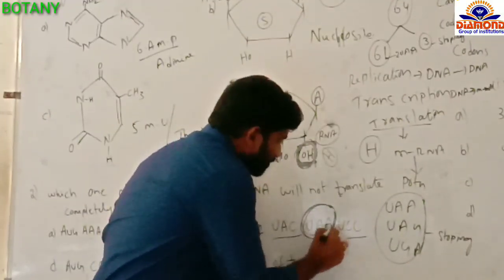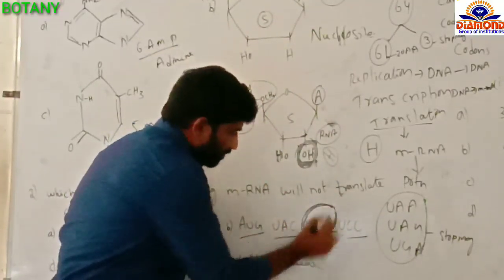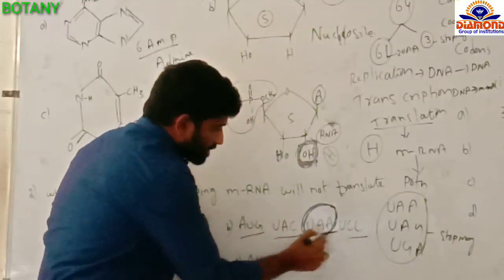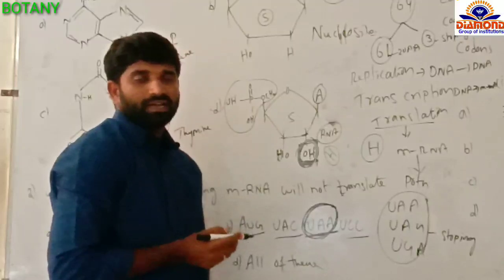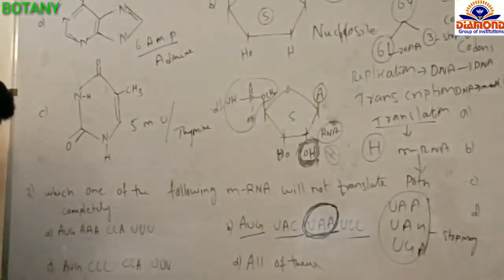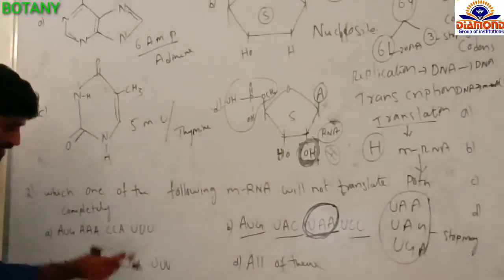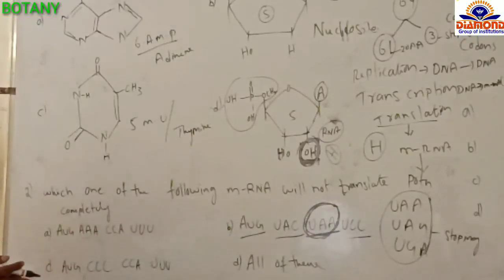This UAA is called a stopping codon. Whenever translation reaches UAA, it stops the synthesis. And option C is AUG, CCC, CCA, UUU. These are 4 codons that encode 4 amino acids.